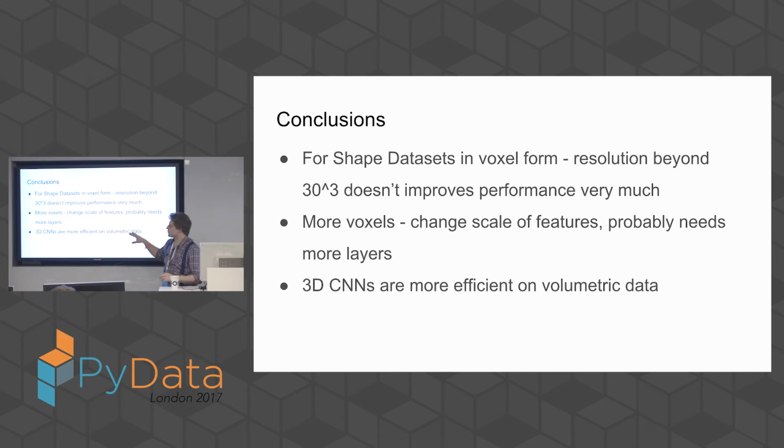Because, for example, when you encode a shape, a mesh, into a voxel form, it doesn't really care what is inside of that. It actually works only on the surface of the object. So why are we spending all of this computational power to process something that is not really affecting the discrimination or representation? So it might be more efficient for sparse data which has internal structure, like organs or brains.